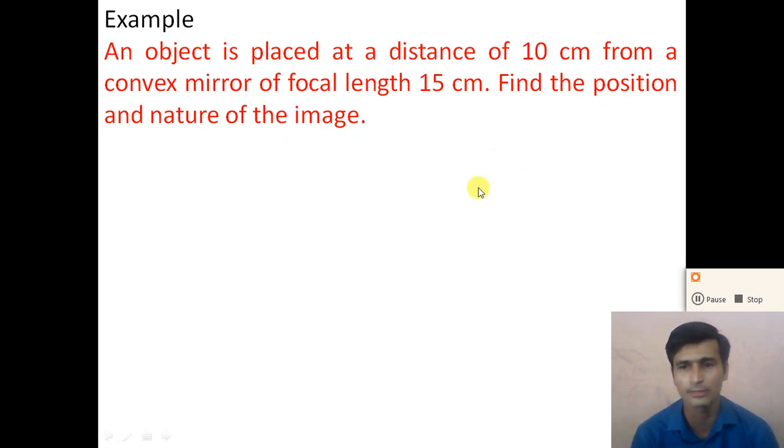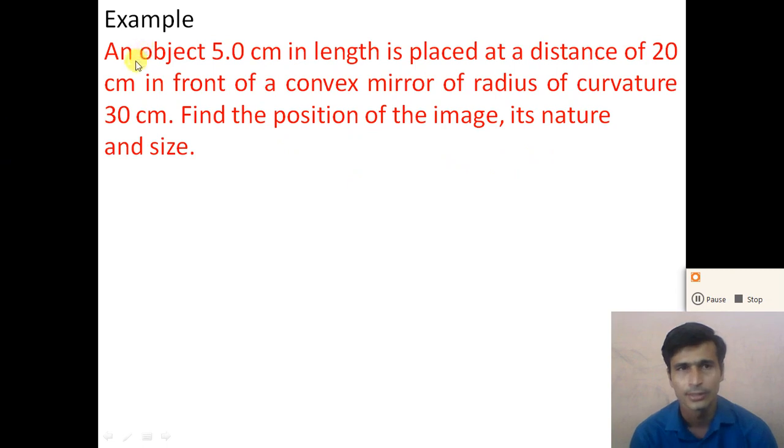The next example you have to try yourself: an object of 5 centimeter in length, height of the object h is equal to 5 centimeter, is placed at a distance 20 centimeter in front of the convex mirror. So here the object distance is 20 centimeter. Height of the object h is equal to plus 5 centimeter.